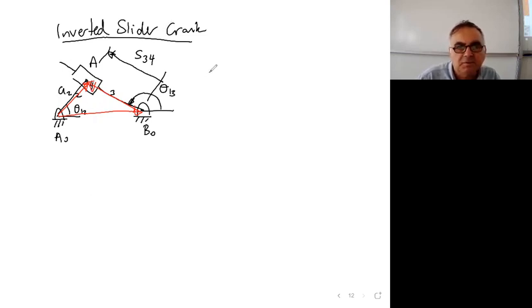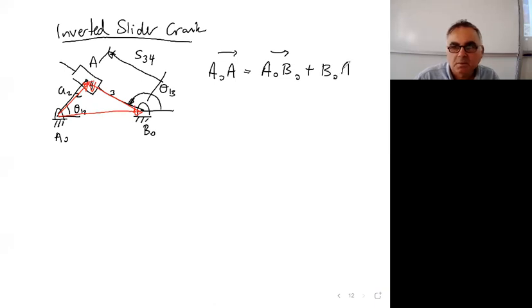A0A is equal to A0B0, which is a fixed link length of A1, plus B0. Okay.